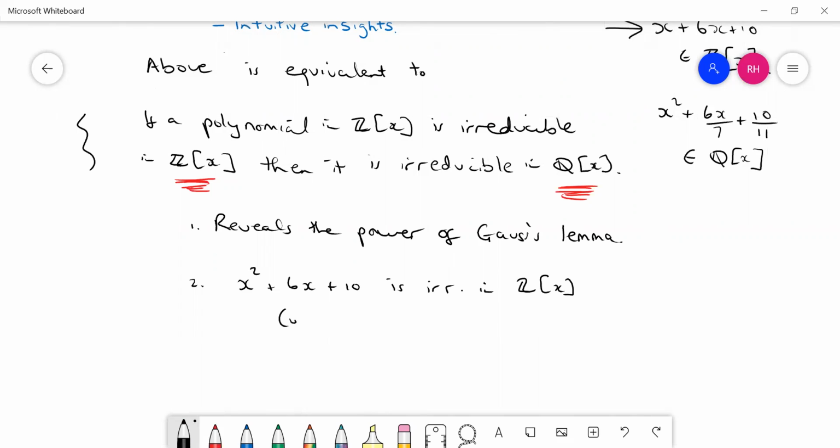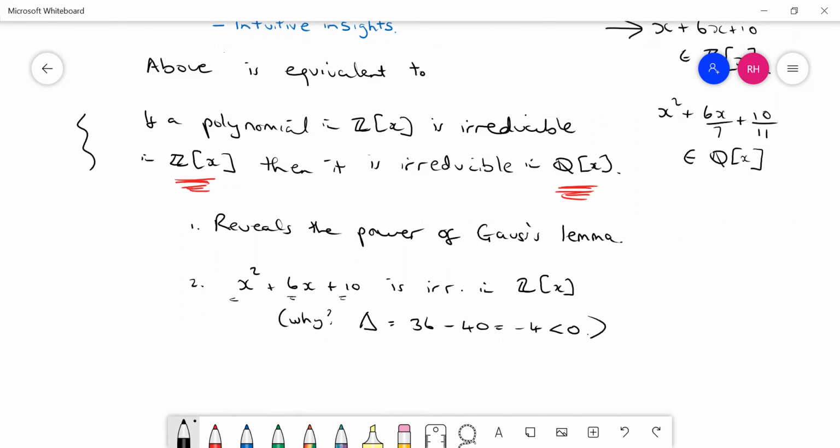Why? Well, the discriminant, which is b squared minus 4ac, is 36 minus 40, which equals minus 4, which is less than 0.